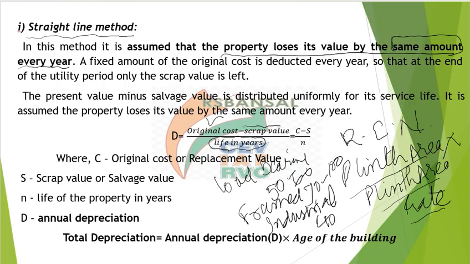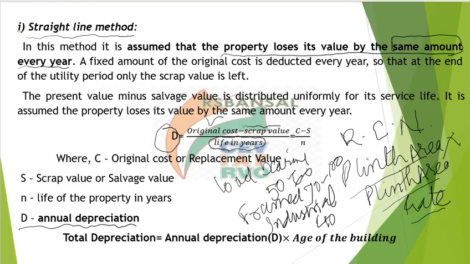By using this formula you can find annual depreciation. This D is annual depreciation. You deduct scrap or salvage value from the original cost and divide it by the life in years. That will give you annual depreciation.